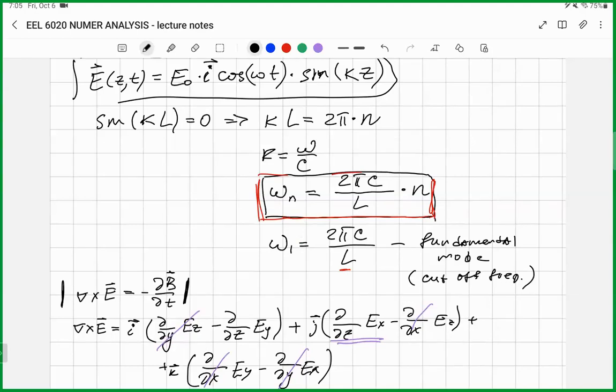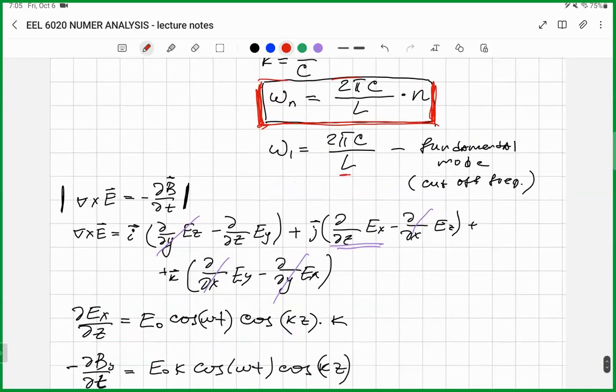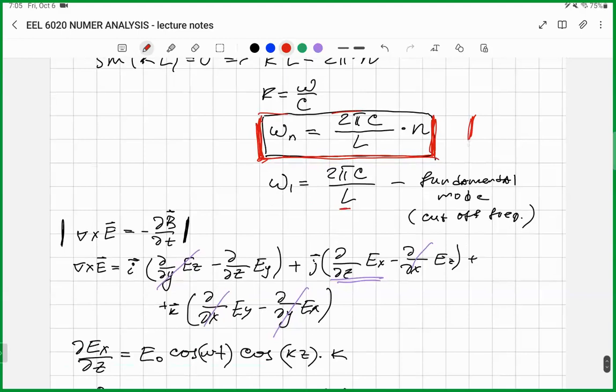Because only specific frequencies are allowed to exist in this system, in this resonator. Only a field that has the frequency defined by this formula is allowed to exist in the resonator.